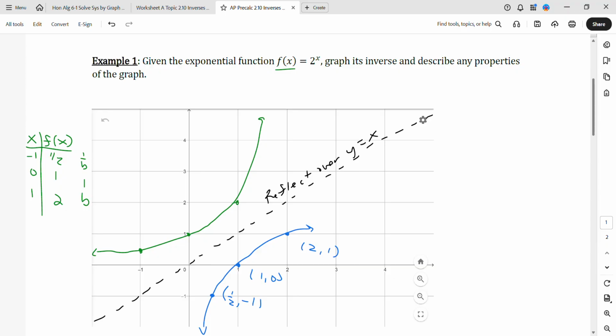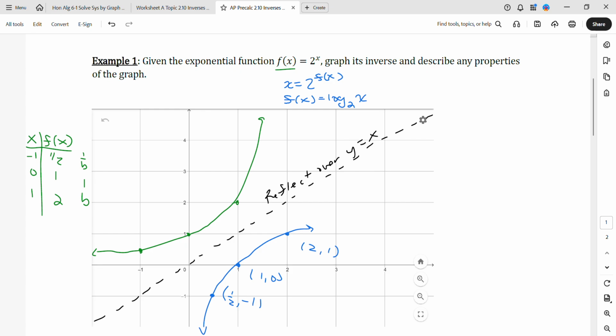So if f of x is 2 to the x, the inverse would be, I want to do that in blue since we're talking about the blue graph, would be that, but if I rewrite it, it'd be f of x equals log base 2 of x. Okay. So that is the inverse of my exponential function.